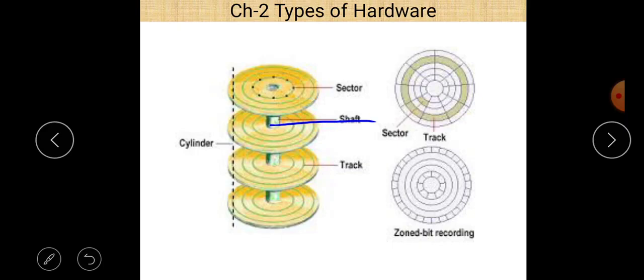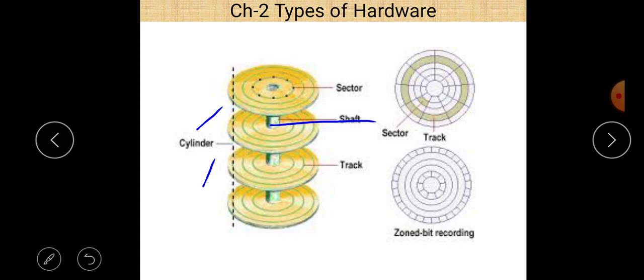into a hard disk. And next is a cylinder. You can easily see that cylinder. The track of one platter, track of second platter, track of third platter, and track of fourth platter. If we connect all these tracks, then we get a cylinder.